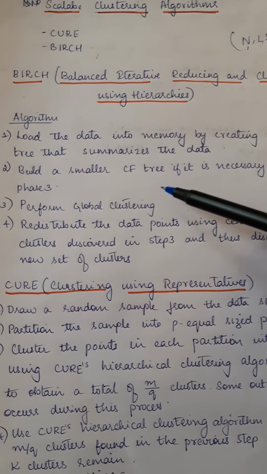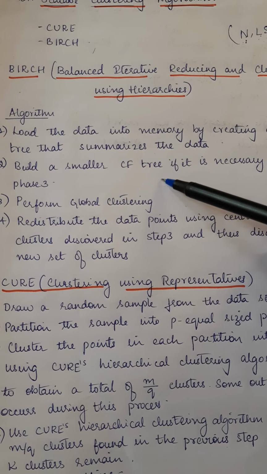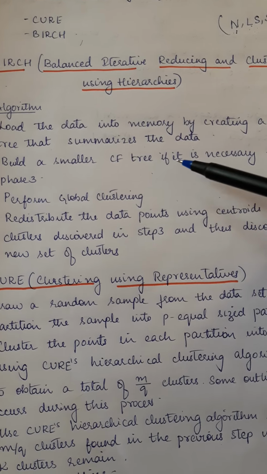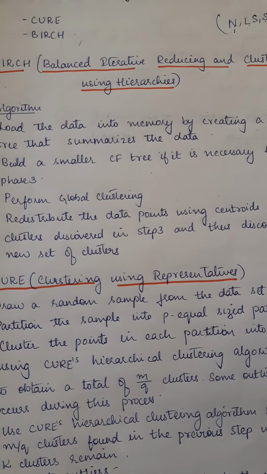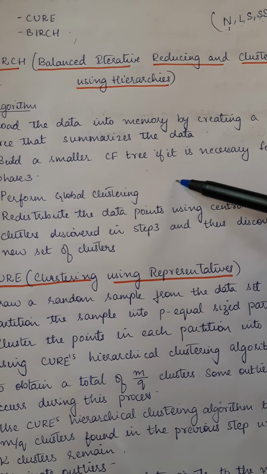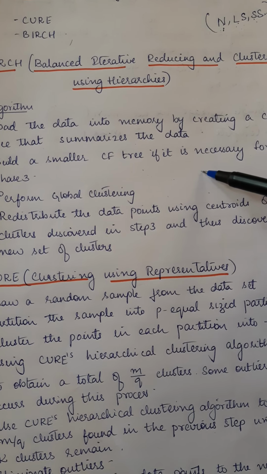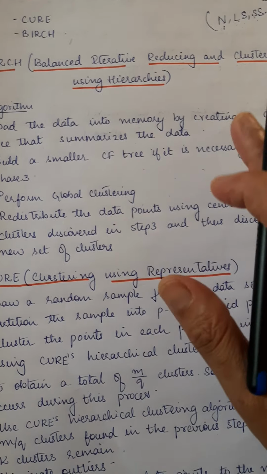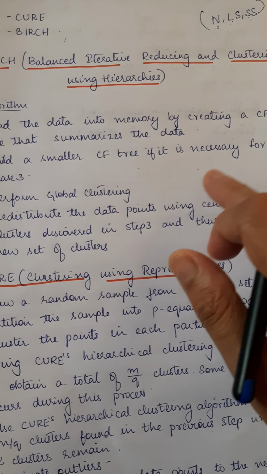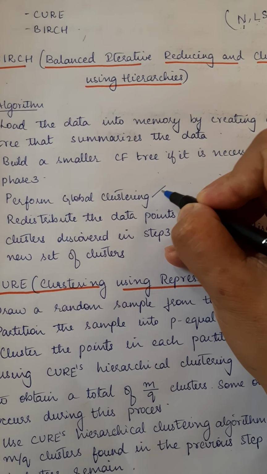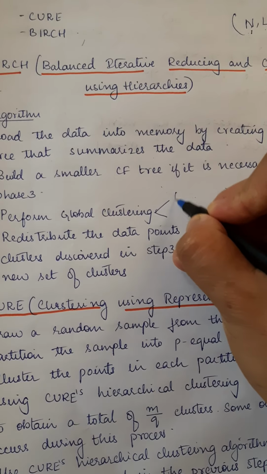The next step is that we perform global clustering. Different forms of global clustering exist, but here they normally use agglomerative hierarchical clustering, because the clustering feature stores summary information which is important for certain kinds of clustering.